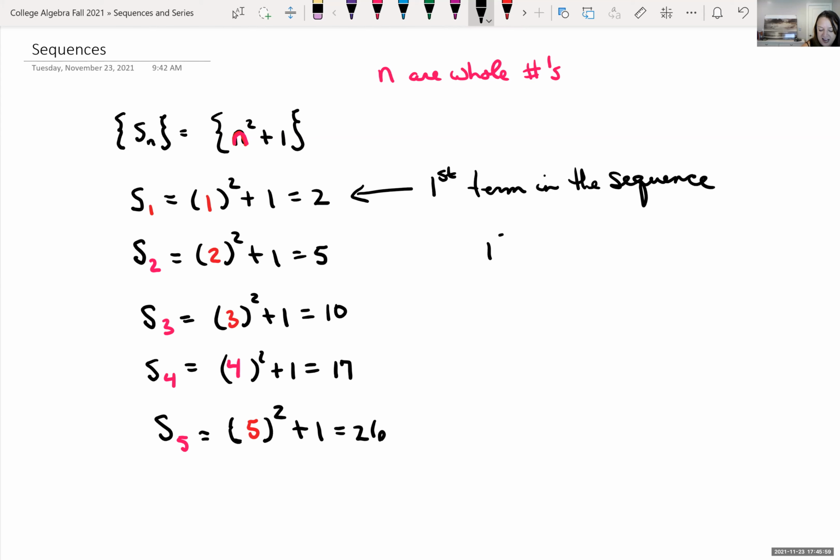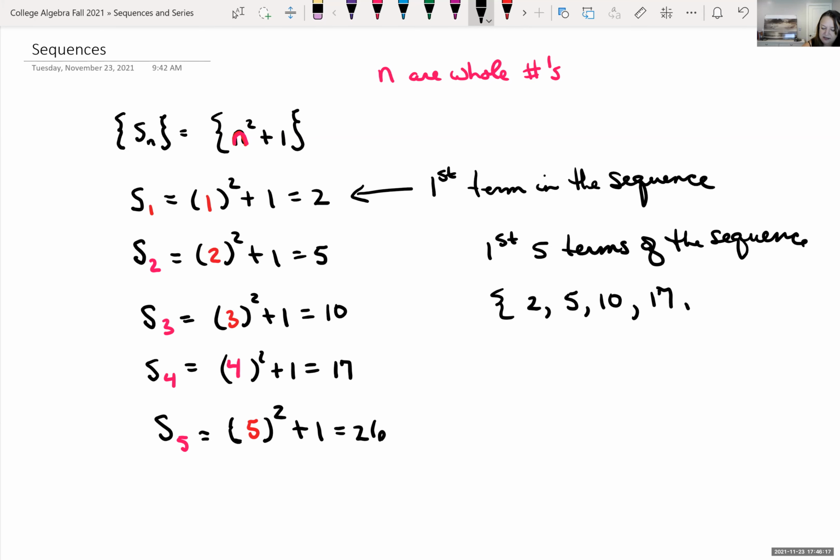So the first 5 terms of the sequence we can list as 2, 5, 10, 17, and 26. And that would continue to go on forever.